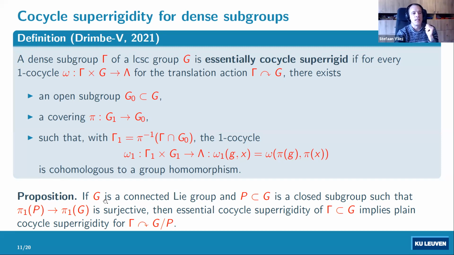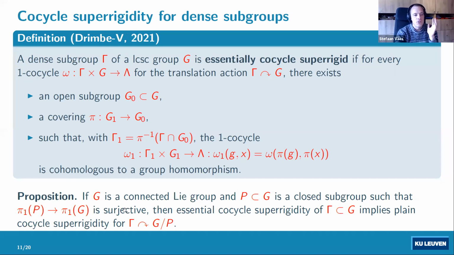Of course, you're specifically interested when G is a connected Lie group and P is a closed subgroup, say connected even, connected closed subgroup. And then you moreover assume that the homomorphism from the fundamental group of P to the fundamental group of G is surjective.